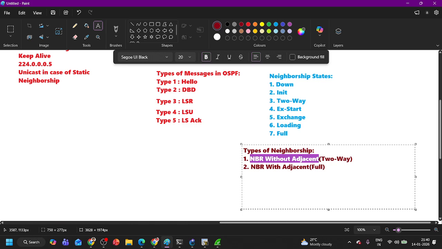The router only knows that, okay, that is my neighbor, but they don't exchange any updates, meaning prefixes. Routers exchange prefixes with an adjacent neighbor, when we have full neighborship. If the neighborship state is full, it means all the databases are already exchanged.